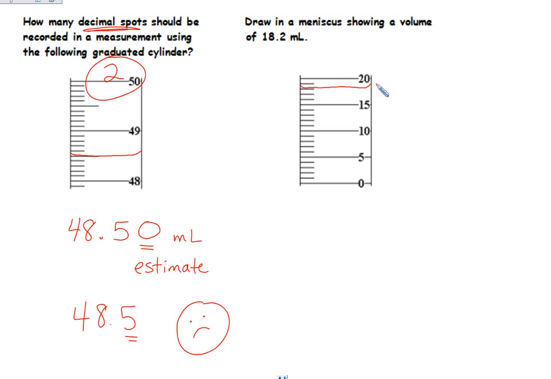And again, this is a skill that you will use all year long. It's something that just needs to be embedded in your brain forever. Whenever you're making measurements in the lab, whether you're using a ruler, a graduated cylinder, there's all kinds of measuring tools that we use. I always write down the numbers that I know for sure off my measuring tool, plus one more decimal spot as an estimate.